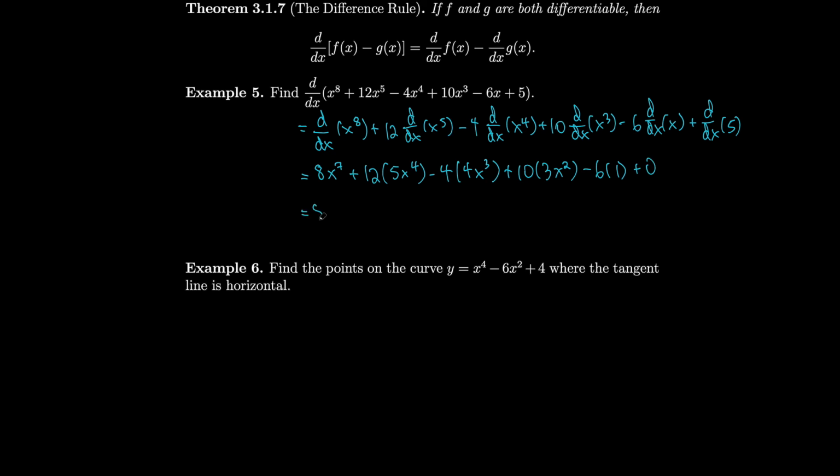So that equals 8x to the 7th plus 60x to the 4th minus 16x to the 3rd plus 30x squared minus 6.